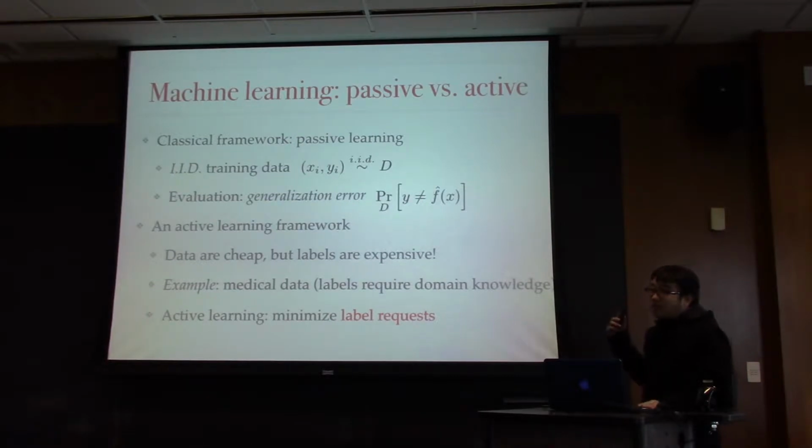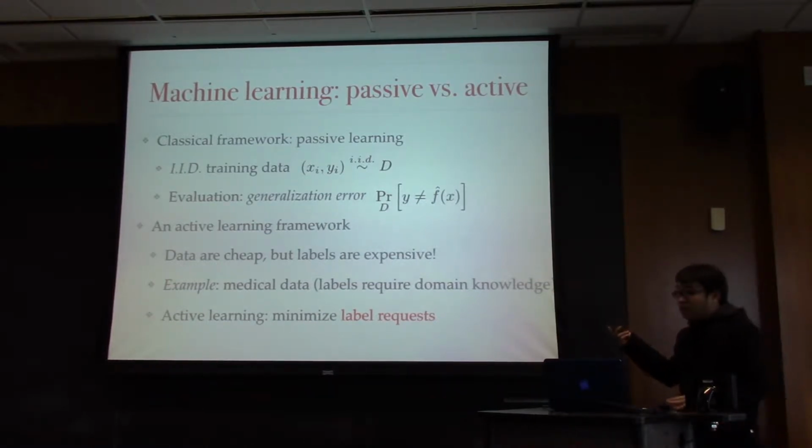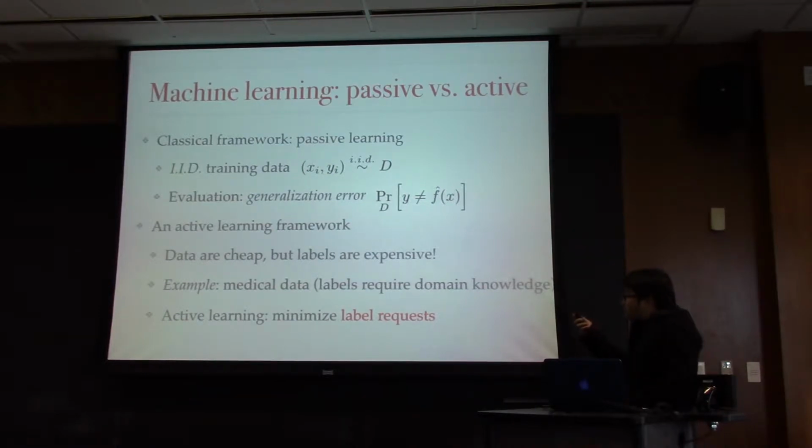However, in modern data analysis, sometimes it is more interesting to consider an alternative framework, like this active learning framework. This framework is particularly relevant in applications where data points themselves are cheap, but labels are expensive. One typical example is medical data analysis. In this case, the data are not very hard to get because you have a lot of patients, you can do a lot of medical tests, but the labels are extremely hard to get because labels require domain knowledge.